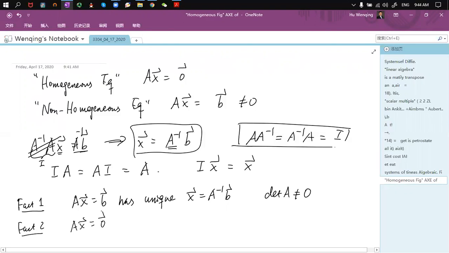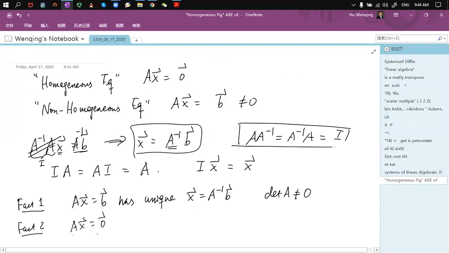I'm only going to ask one question for today's class. Suppose AX equal to 0, can you give me automatically a solution? Anybody can answer this question before we close today's lecture?